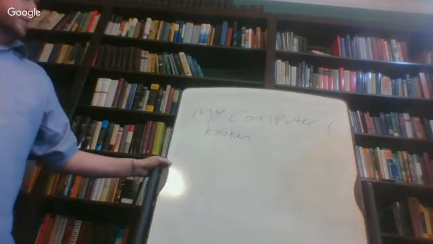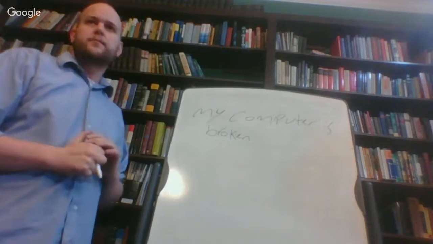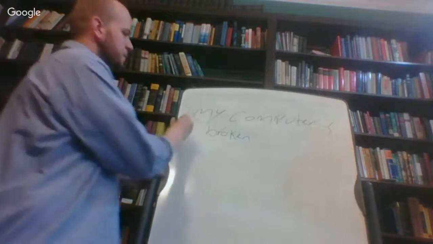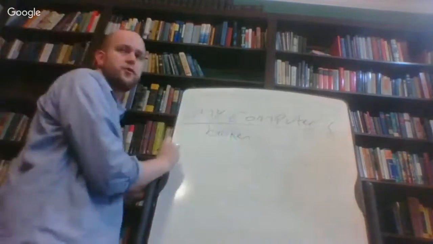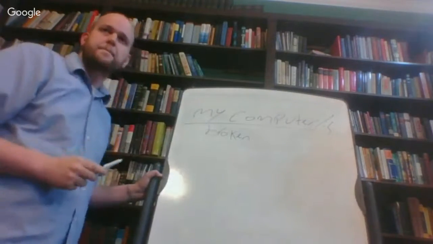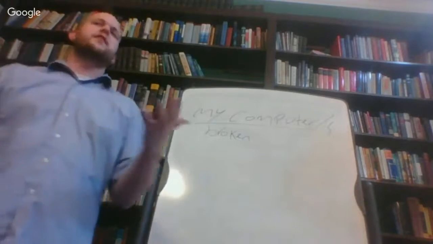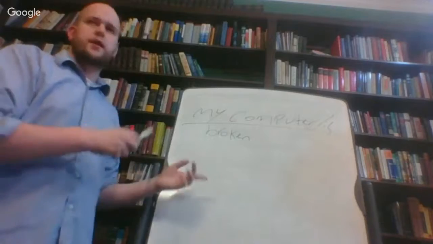What is the subject? Computer. It would actually be mine. This is a possessive. My computer. It is a subject, but yes, my computer is possessive. Is, here's our predicate, broken. And then broken would be the object. So the possessive is going to make sense. My computer, your computer, his computer, their computer.